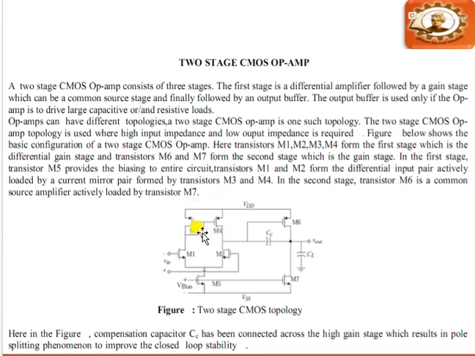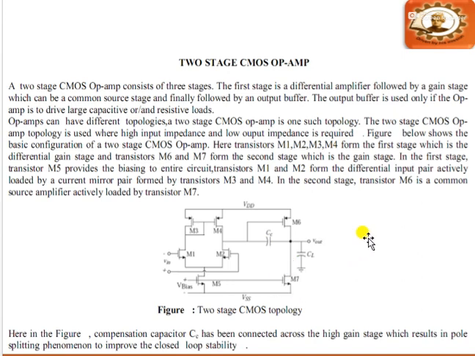We have already discussed the current mirror circuit. Here M3 and M4 act as a current mirror, that is nothing but an active load. In the second stage, transistor M6 is a common source amplifier, and that is actively loaded by transistor M7.